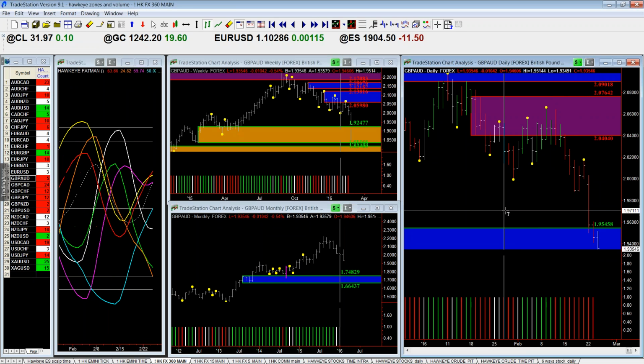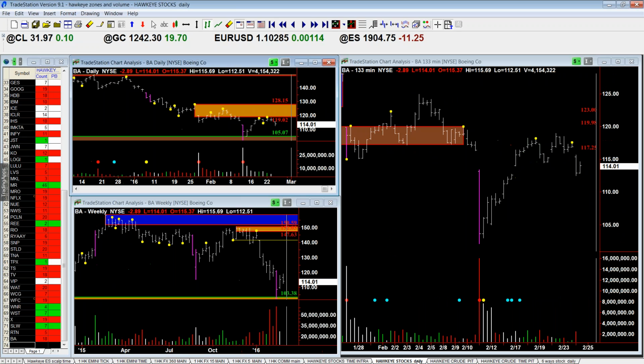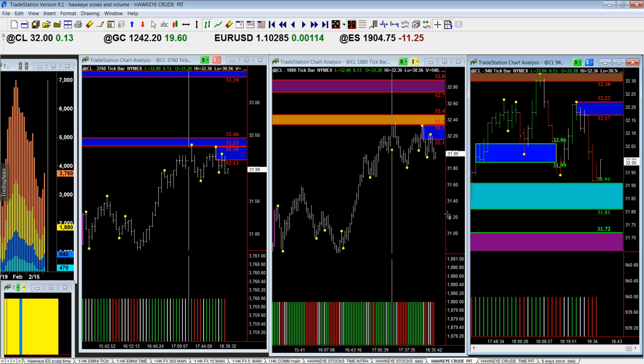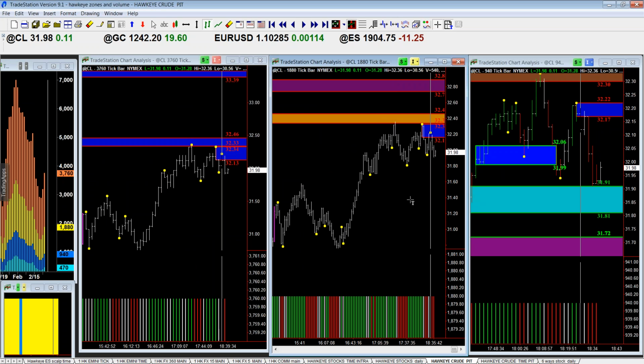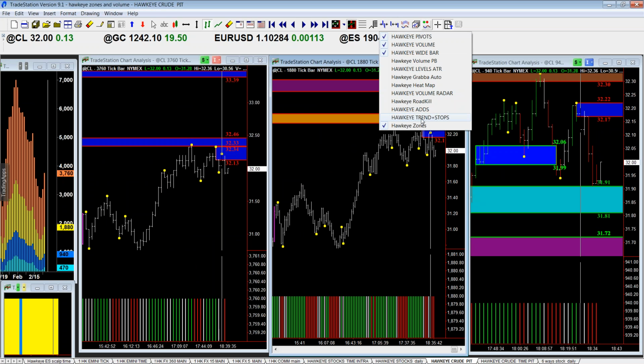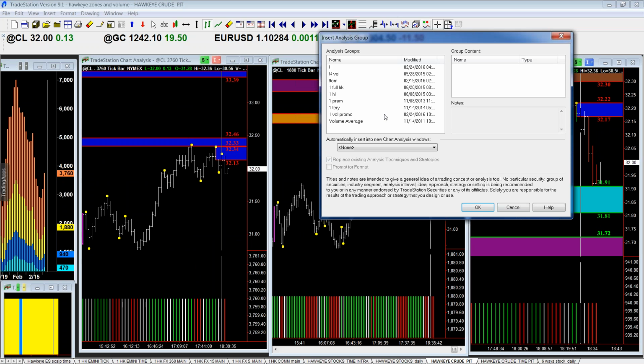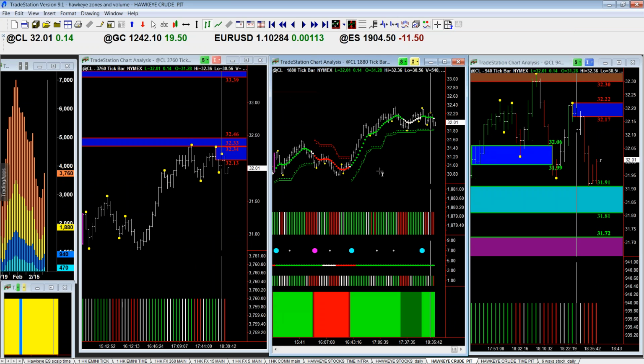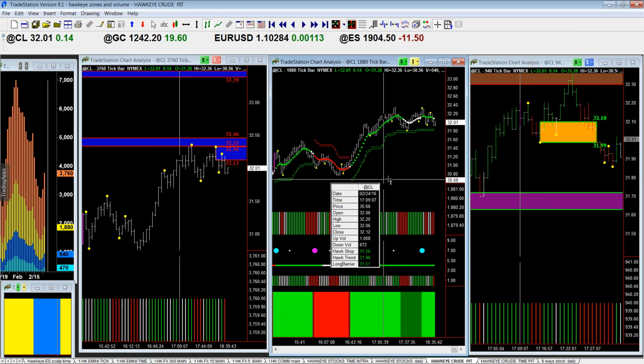So I just want to come back to here. I just want to put on the whole of the Hawkeye so you can see it in full flight. So this is telling me that we're in an uptrend here.